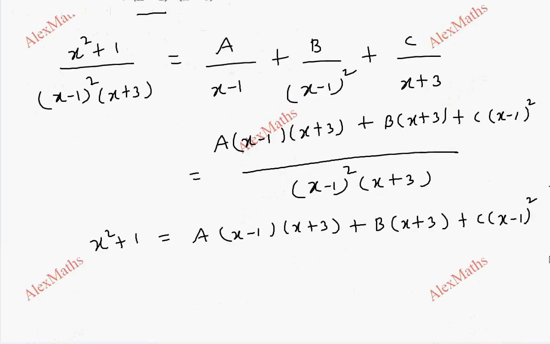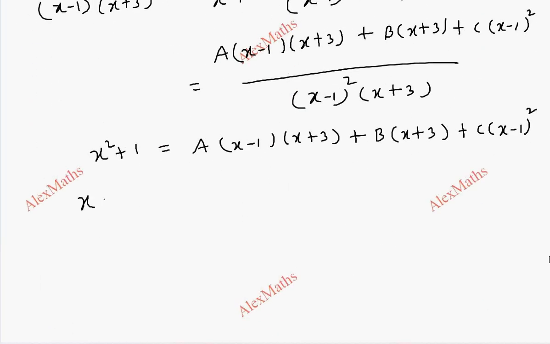Now we take a value like x = 1, so we can find B. This becomes 1 + 1 = 2; A becomes 0 because we have x − 1, C becomes 0, and when I put 1 here we get 4B. So B is 2/4, which is 1/2.